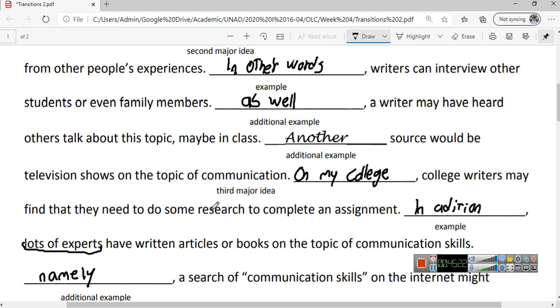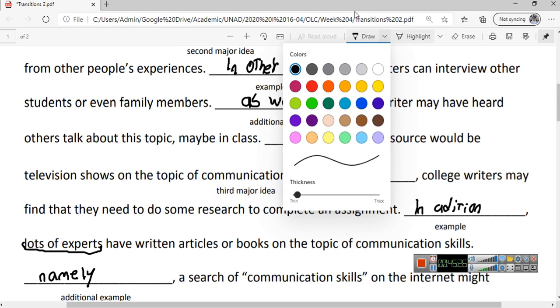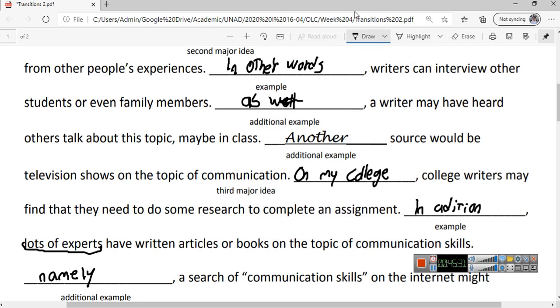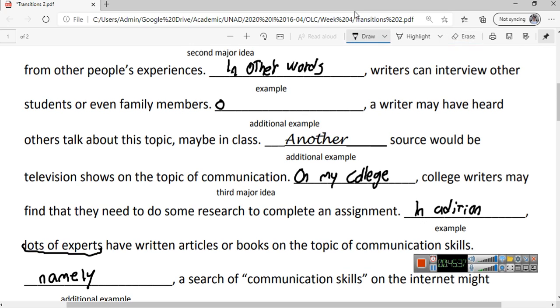Here I will suggest using a contrast transitional phrase of contrast. Let me delete this. We can write on the other hand.